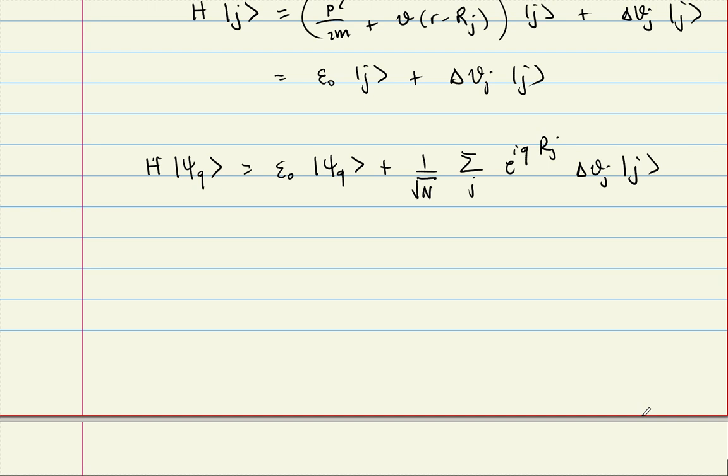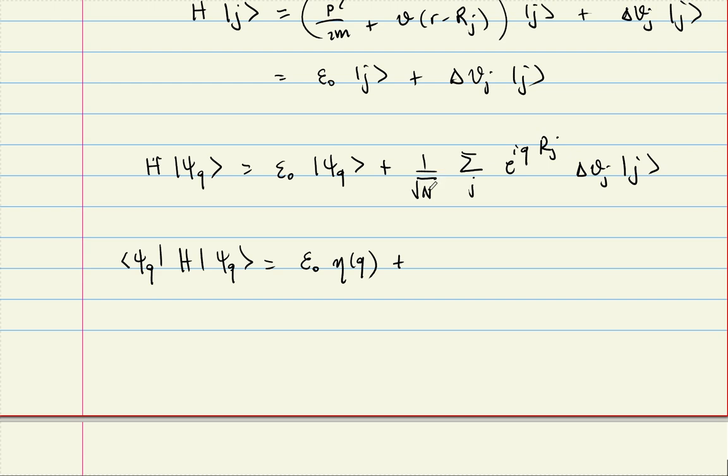Good. Now I can take the bra with the entire thing from the left-hand side, and psi q H psi q is, this one is just a constant, and these are not normalized, so it's going to be epsilon 0 eta of q. So I take the first one.